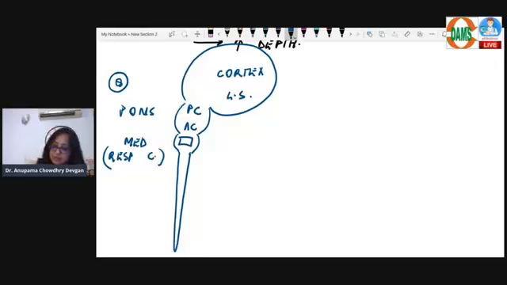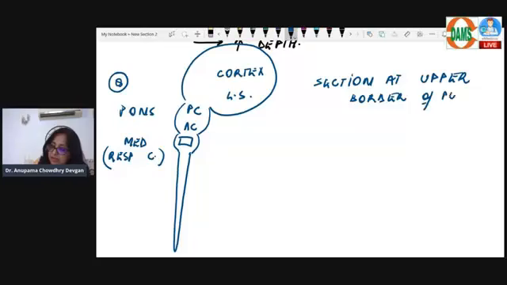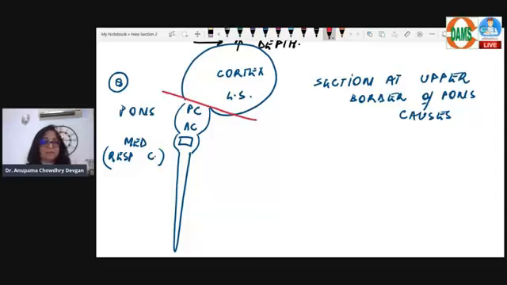So let's see my first question here. Section at upper border of pons causes what? Supposing I do a section at the upper border of pons, I remove this connection here.